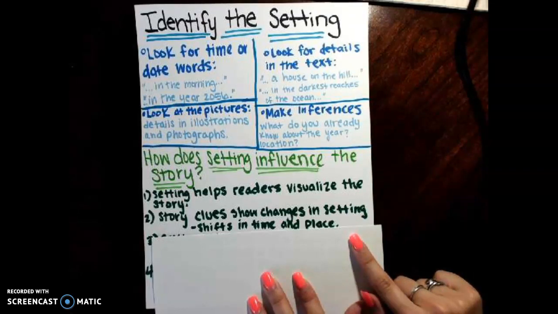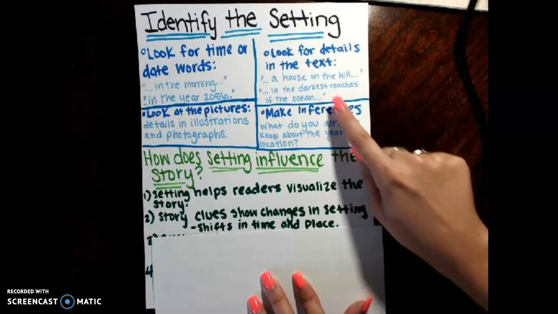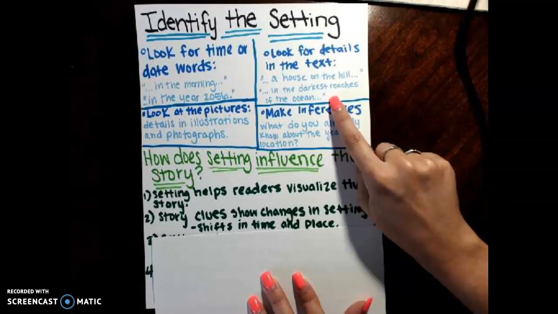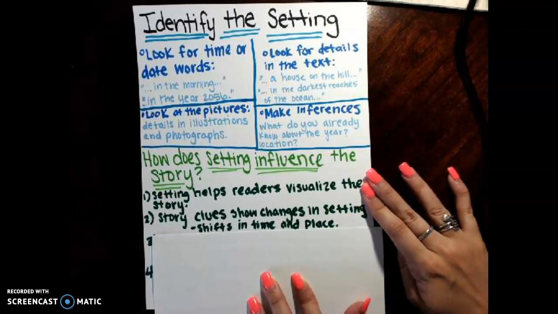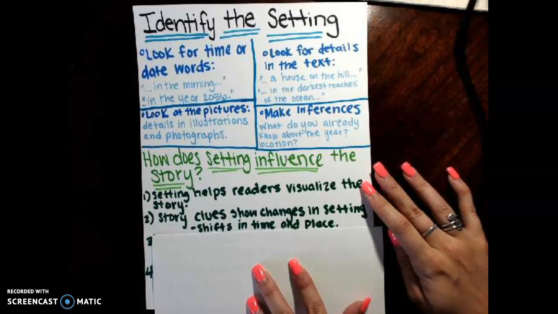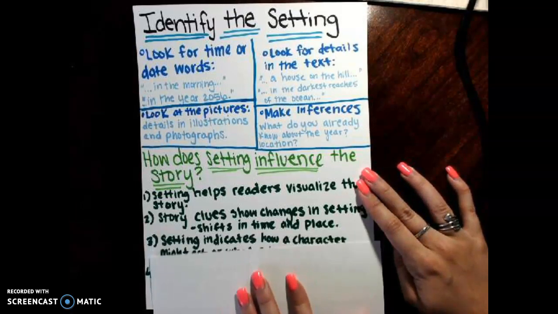Maybe they say a date in the story. Maybe there's a picture in the story that's different. Maybe they travel from the house on the hill to the darkest reaches of the ocean. It gives me clues about changing the setting of the story from time and places through the book.